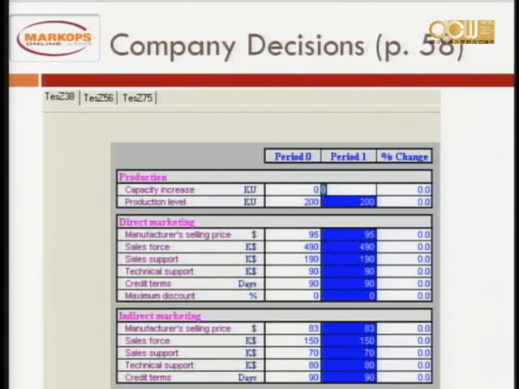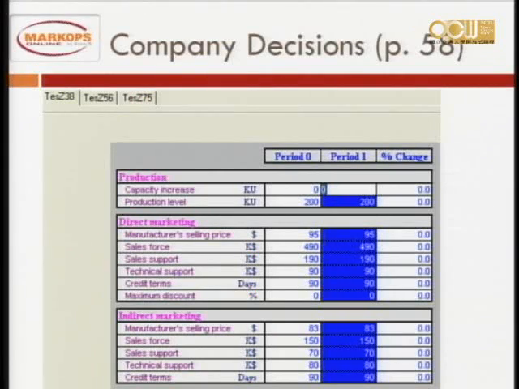Because market demand is there, I can put either 50 or 100. But last period was only 200, so the maximum you can do is still 200. For next period, yes, you can manufacture 250.